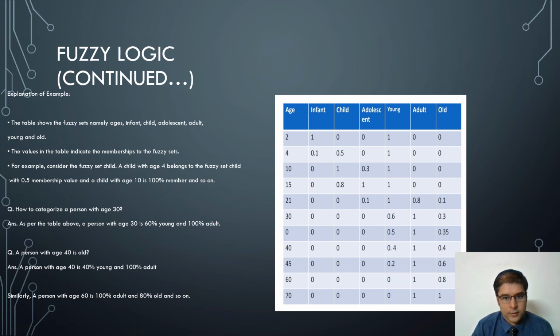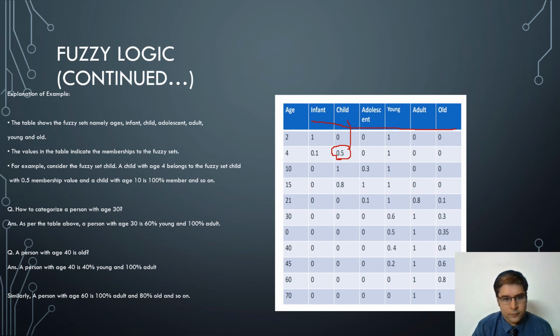So these are the fuzzy sets of ages that are infant, child, adolescent, young adult and old, and the values in this table are, for example, the membership values in this fuzzy set. For example, consider the fuzzy set child.